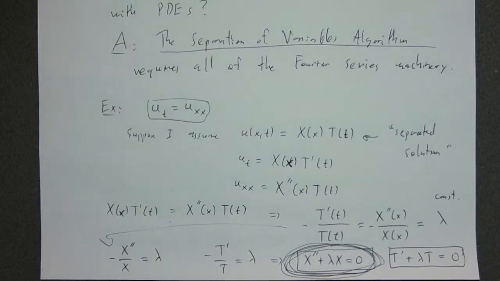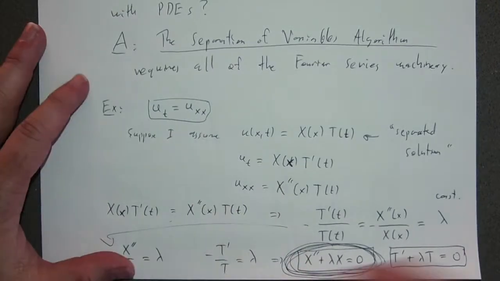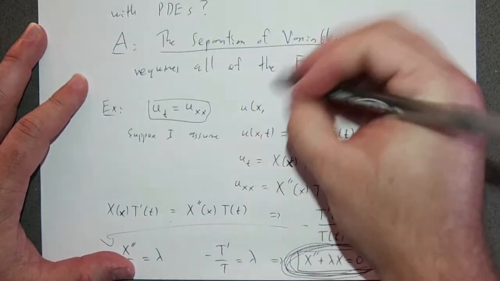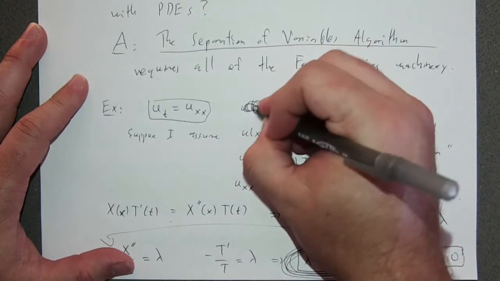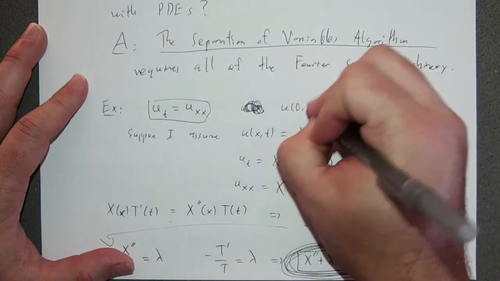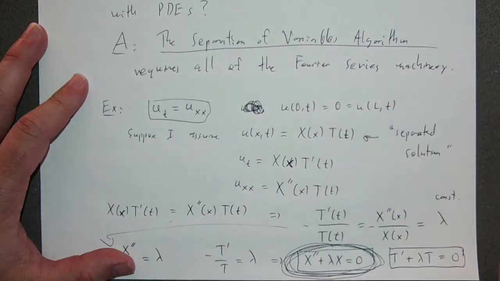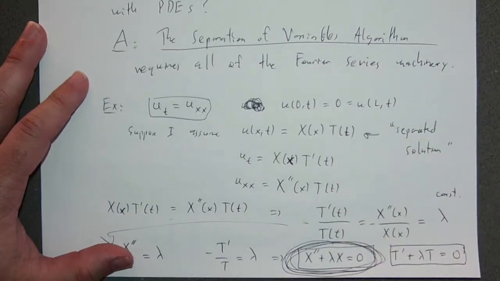So, solving those two ODEs is somehow going to yield me a solution to my heat equation. Well, what's the idea now? If I were to impose, say, boundary conditions, so let's say u of 0, t is 0, and so is u of l, t. These are now Dirichlet boundary conditions.